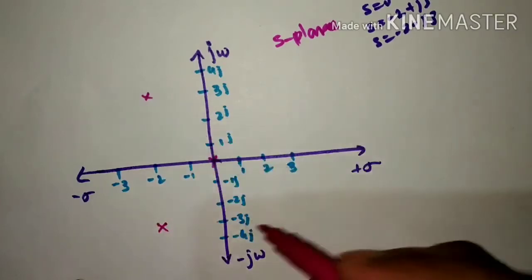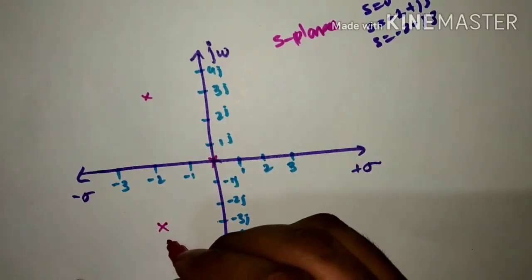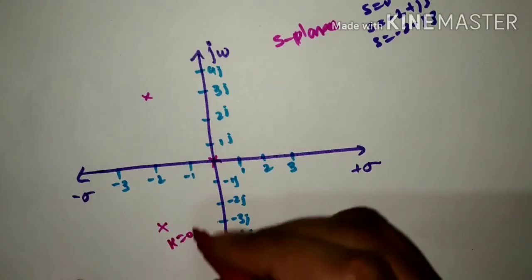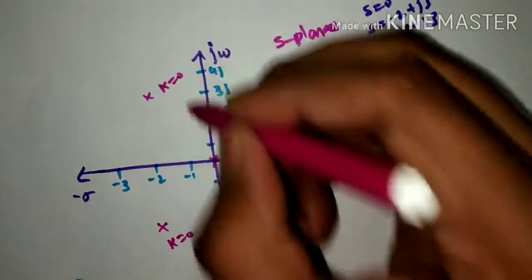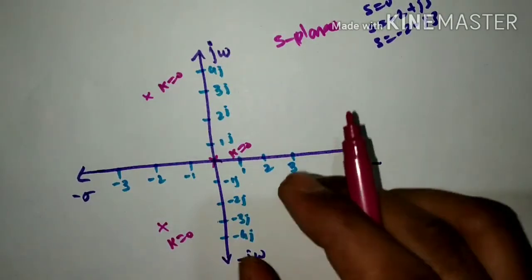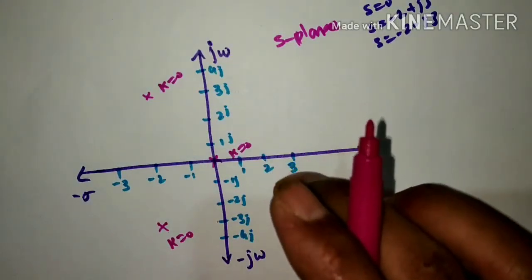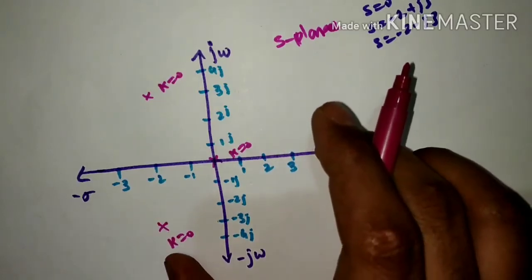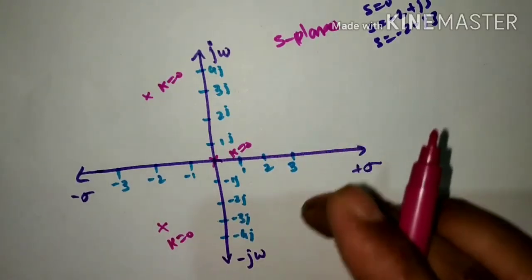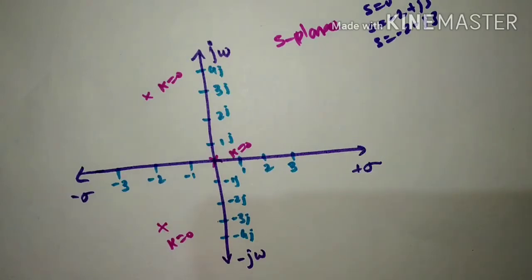So three poles I have located. When you have located three poles, it means that K is equal to 0. Now the open loop poles are equal to the closed loop poles. Okay. So the next step is to find the root locus on the real axis.